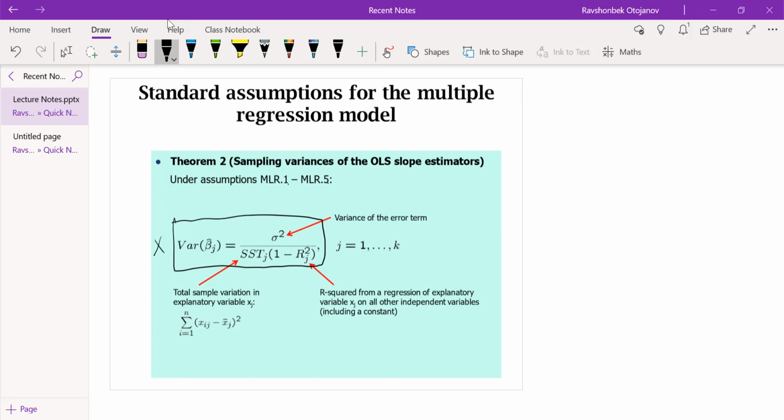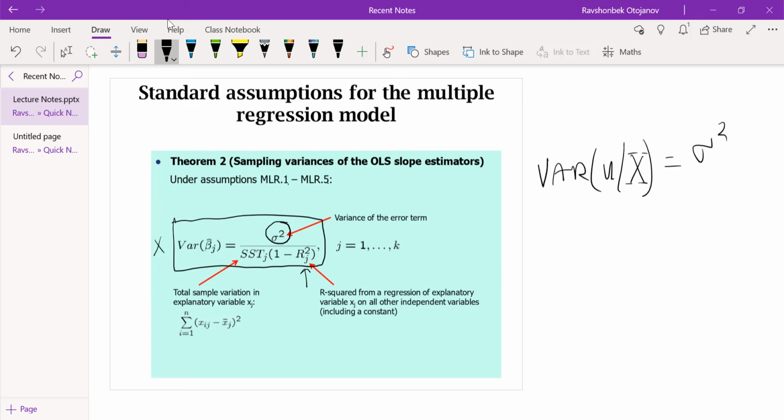Here it's important that we assume that the variance of u conditional on all the included x's is basically sigma squared. This is important because we have in the numerator the variance of the error term. Then we also have this SST here, the total sum of squares, and 1 minus R j squared.